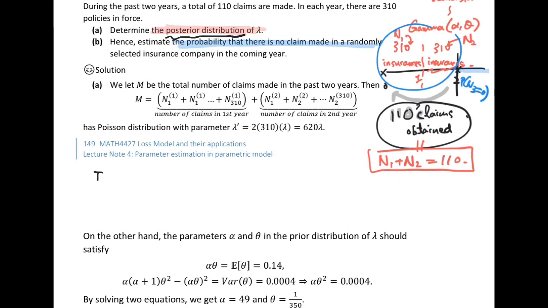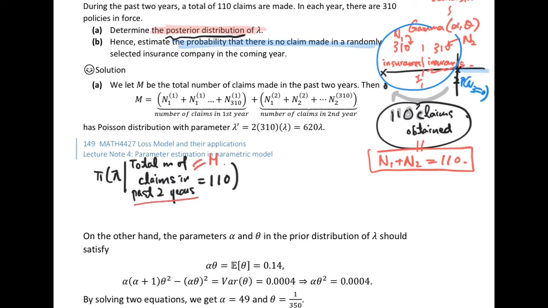That means I want to get this posterior distribution given that the total number of claims in the past 2 years is equal to 110. Let me let this number be m.